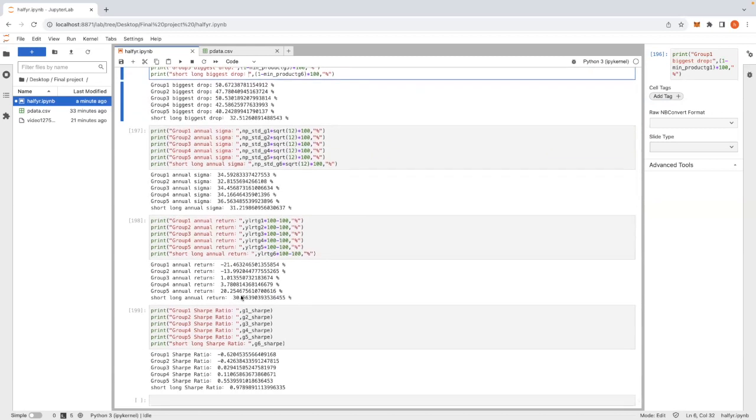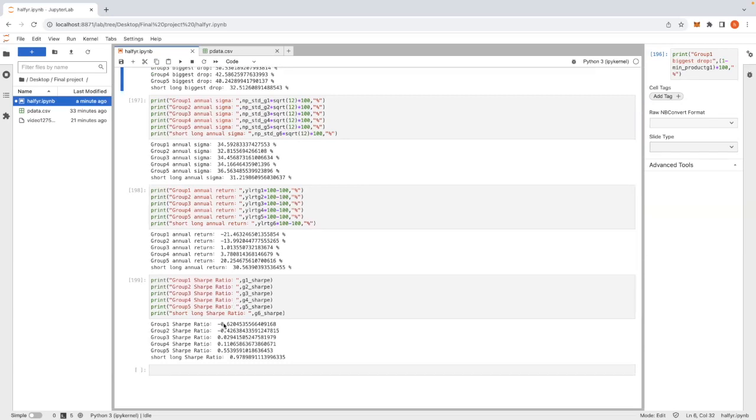And we can also calculate the Sharpe ratio, which is pretty common to us. We can see group 1's Sharpe ratio is the lowest, and group 5's is the biggest. And the short-long Sharpe ratio is not a combination of these two, but it's the highest among those six.